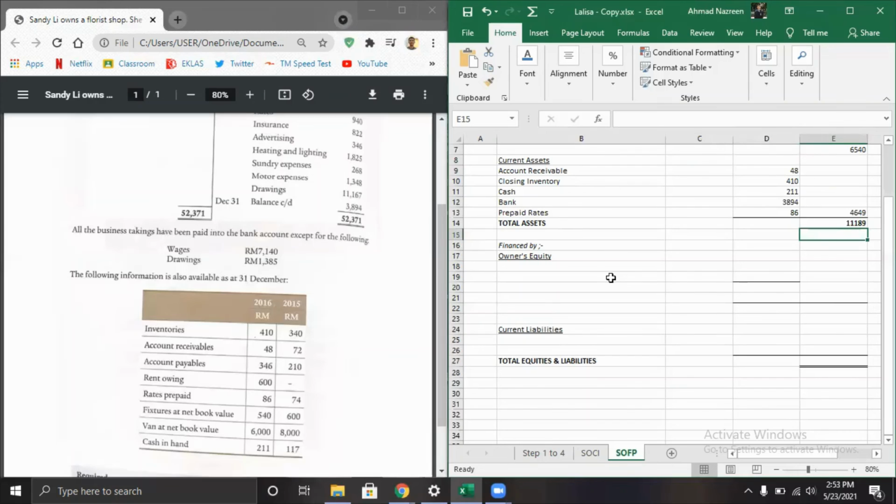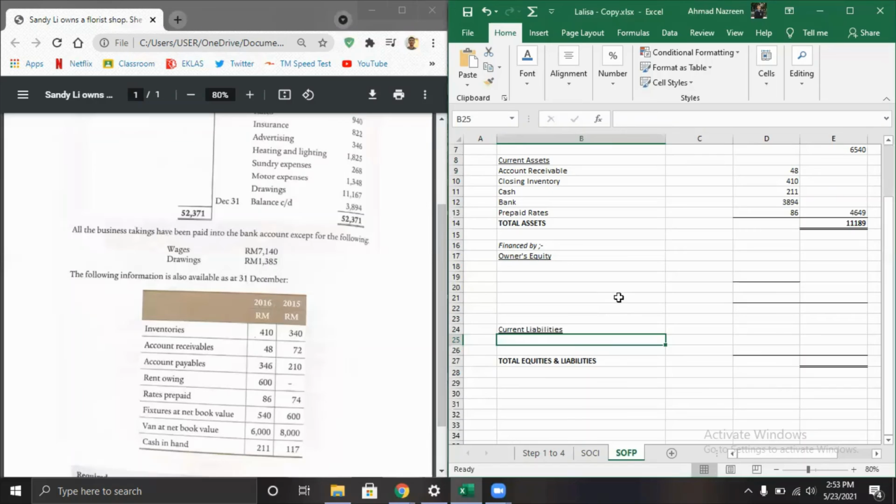Okay, so for this one, how are we going to do it? Firstly, we find the liabilities. We find current liabilities first, then equity.